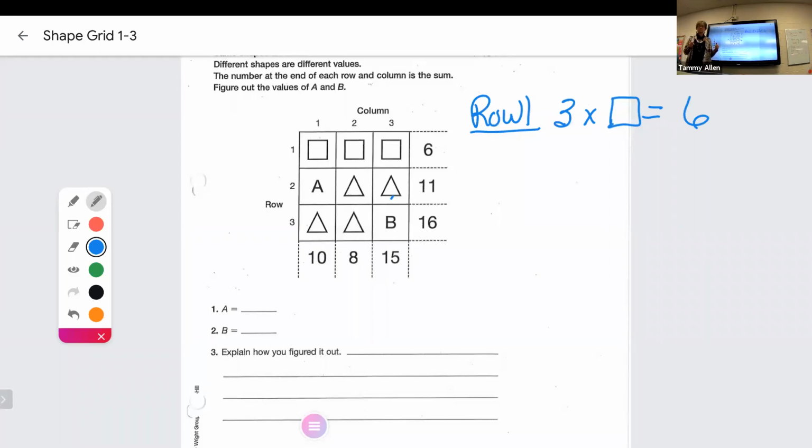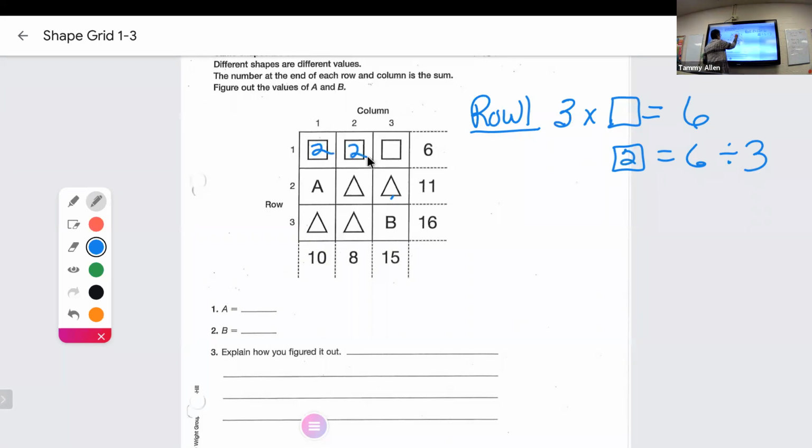You would times the 3 boxes equal what would equal 6. Correct, but how would we find that value of the box? We know it's 2 because it's a basic fact, but what would we have to do? The box equals 6 divided by 3, right? Okay, we know to do that. So we know the box has to equal 2, all right?